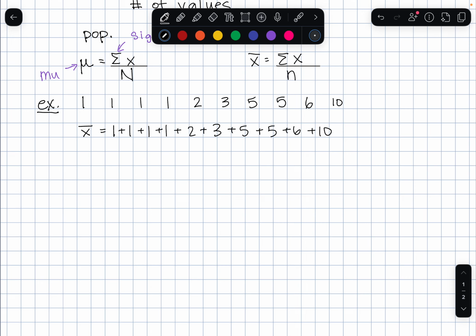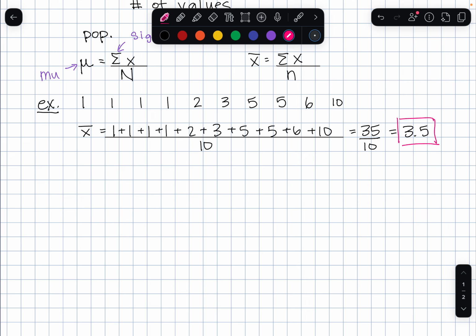And I'm going to take that sum and divide it by the number of values in the data set. So 1, 2, 3, 4, 5, 6, 7, 8, 9, 10. I'm going to do this in my head because I'm lazy. So that's 16, 21, 26, 29, 31, 32, 33, 34, 35. So 35 over 10, which is 3.5.